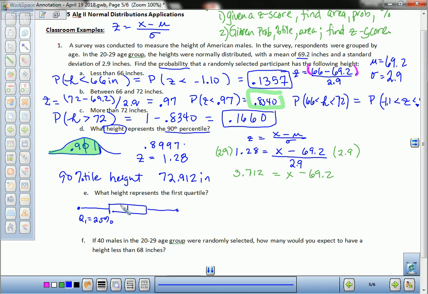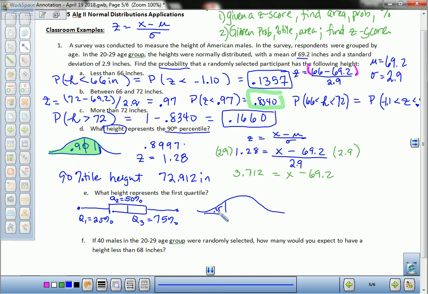The second quartile was another 25%. So if I go up to the second quartile, wouldn't that be 50%? And if I went all the way to the third quartile, 75%. This one just says first quartile, so I'm looking for the first 25% of the data.